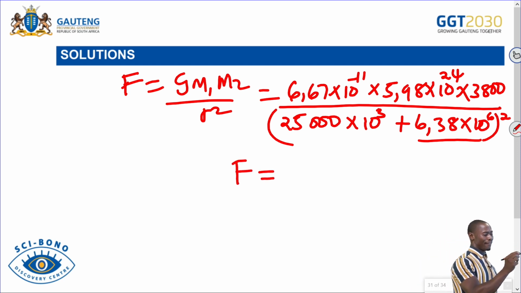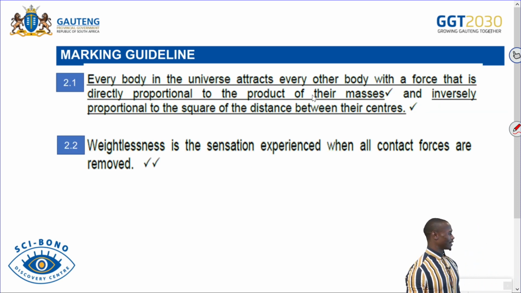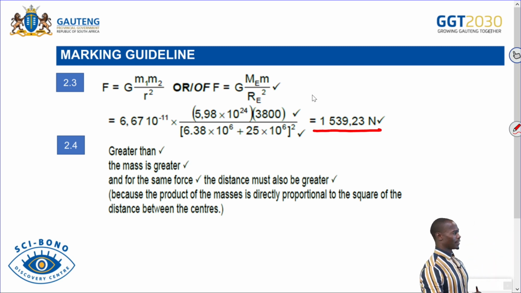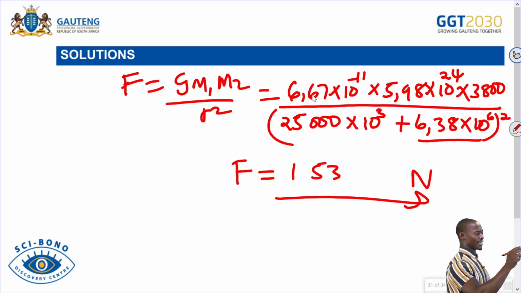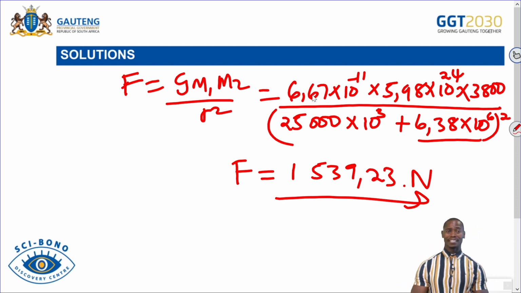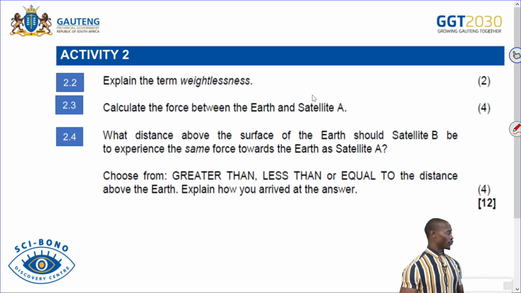Then we'll get our F in newtons, which in this case is 1,539.23. What was important here is the issue of RE, distance from center to center. That's what I wanted to address with this question.